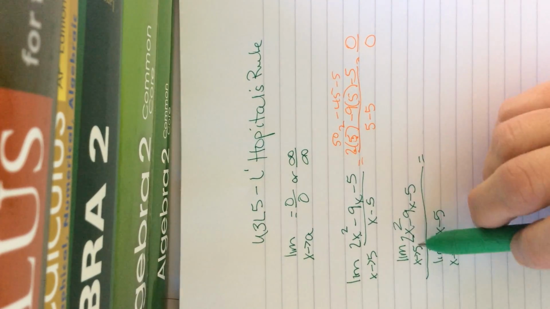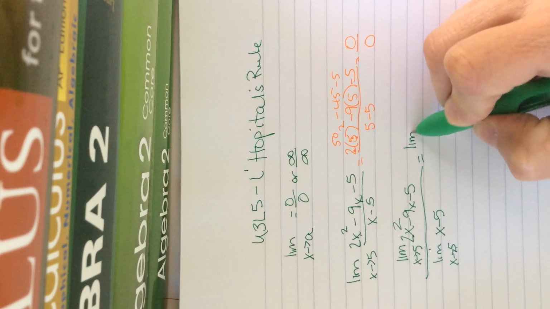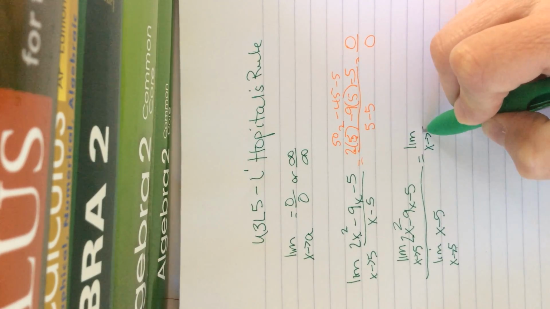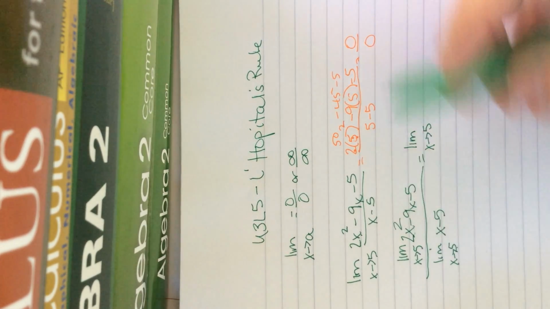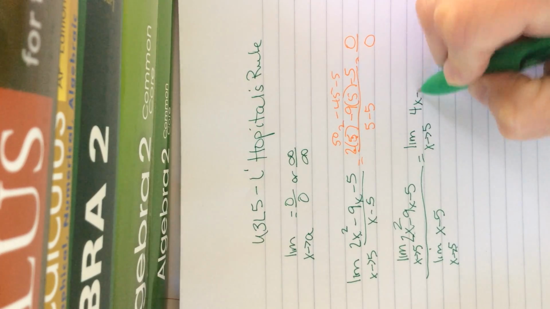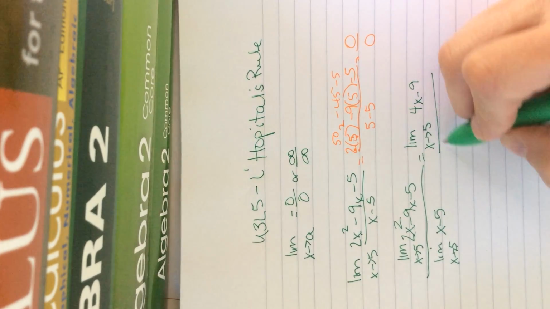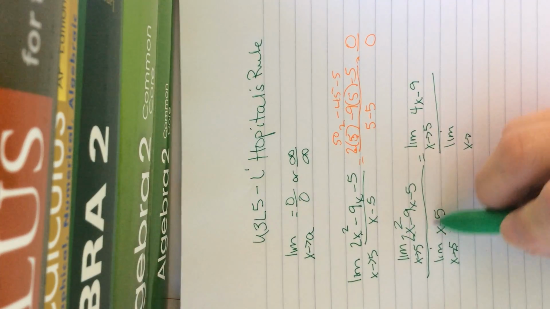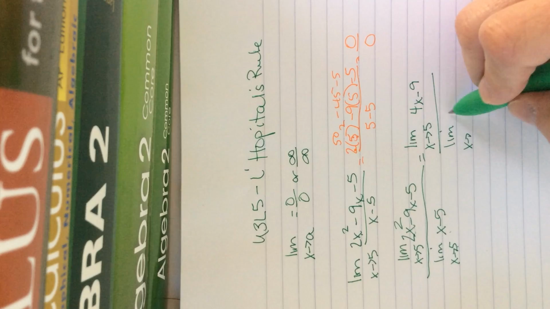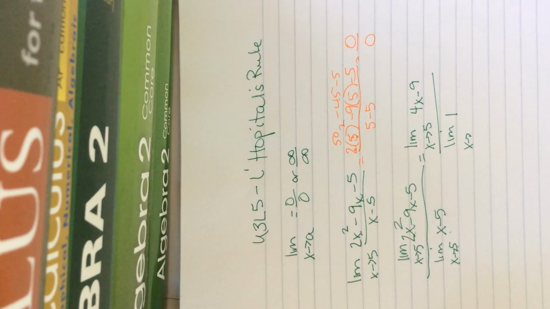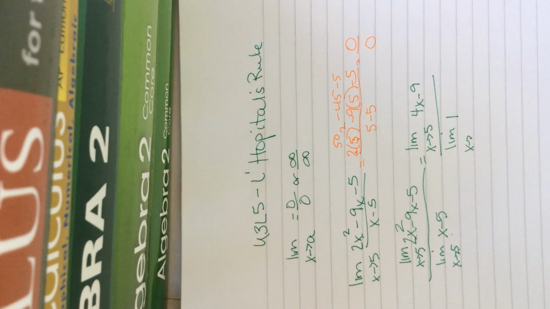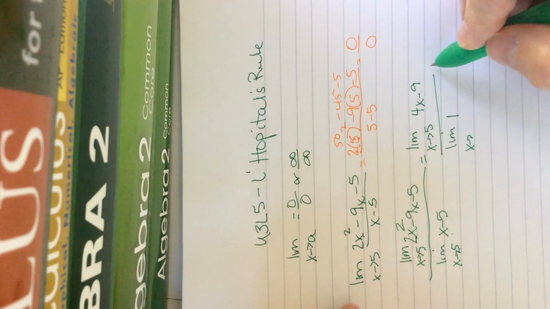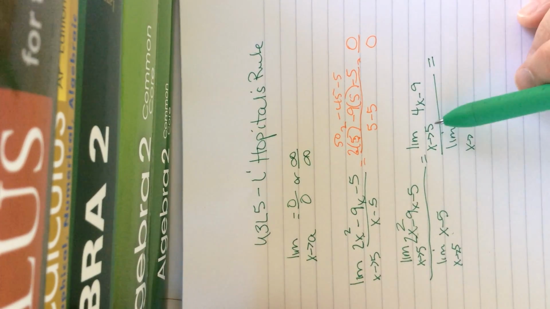So the limit as x approaches 5, find the derivative, which is 4x minus 9. Divide that by the limit as x approaches 5 of the derivative of x, which is 1. The derivative of negative 5 is 0. So let's see. Can we substitute?